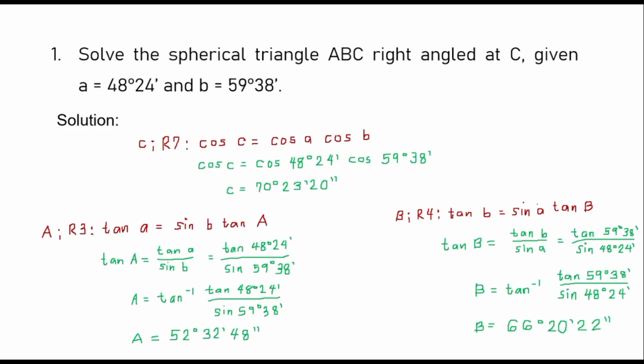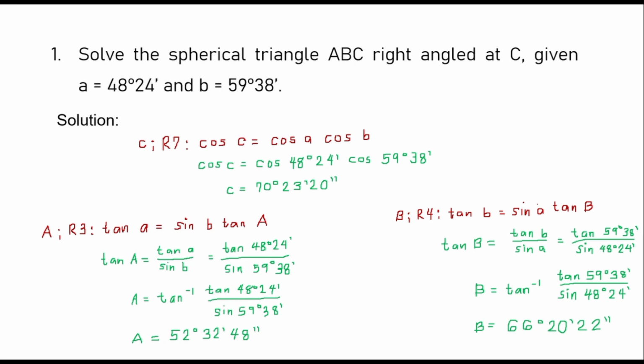Example: solve the spherical triangle ABC right-angled at C, given A is equal to 48 degrees 24 minutes and B is equal to 59 degrees 38 minutes.